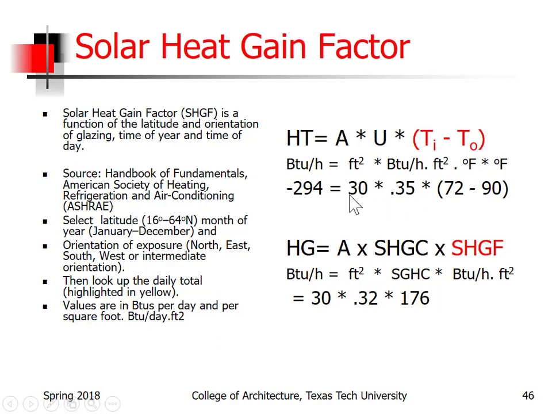So we're going to multiply 30 times the delta T here, and then take 35% of that, and that's going to be a minus 294. So we need to be extracting that out of the building. It's going to have 294, and on top of that, because of the solar heat gain coming through the windows, I didn't get a value here, but we're also going to have all this heat gain, and if we were to multiply these numbers, we would see this is going to be hotter. This is going to provide more heat gain than the transmission through the window actually.